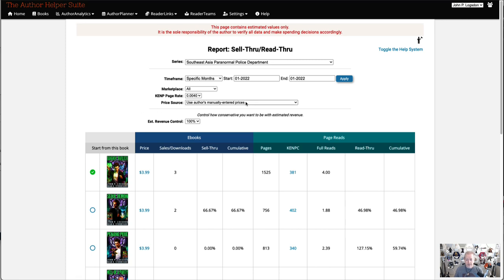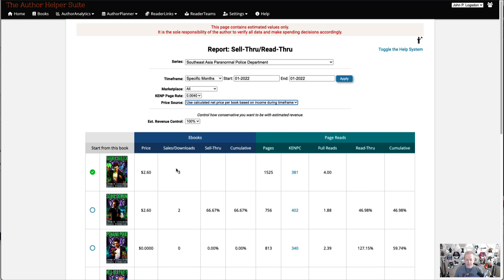If you decide to go with the calculated net prices based on the income during the specific time frame, we'll actually take the number of downloads and the total amount of money made, and we'll divide this into that to get this value, which is going to give you a more accurate value that can be useful.